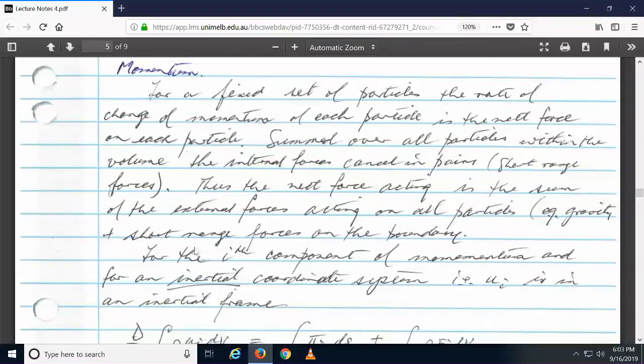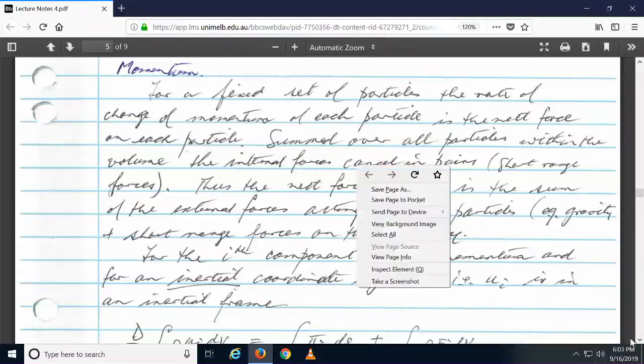So we can write for the ith component of the momentum, and for an inertial coordinate system, so that ui is in an inertial frame, otherwise we can't write down Newton's law, or at least not in the same way.